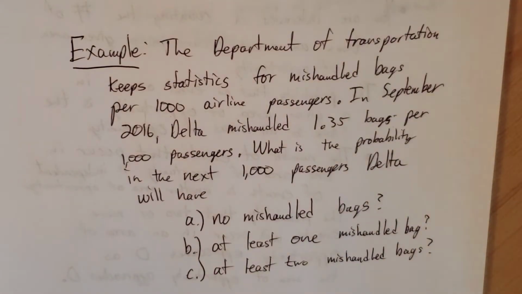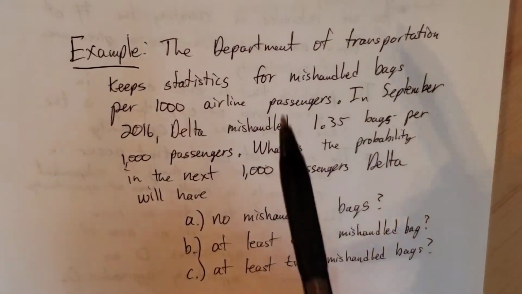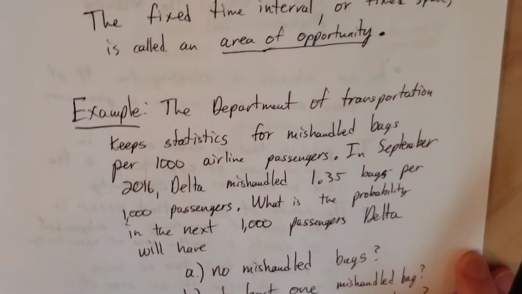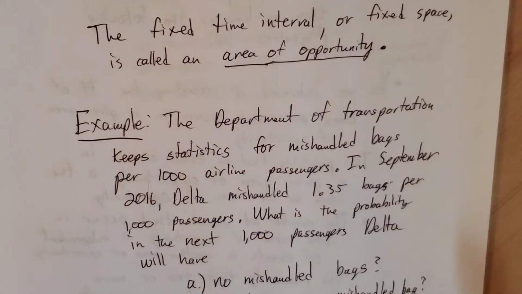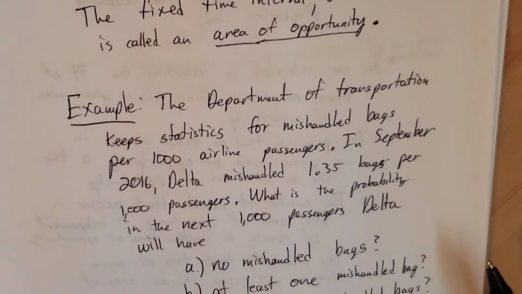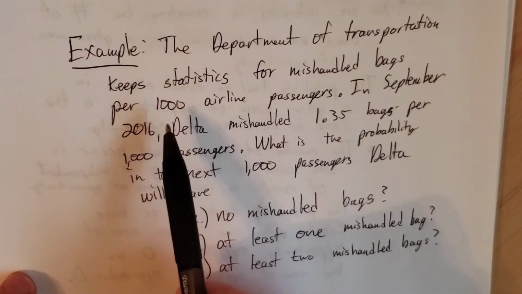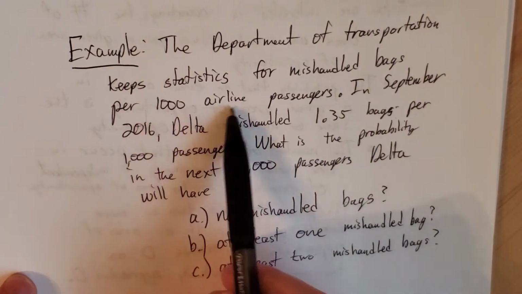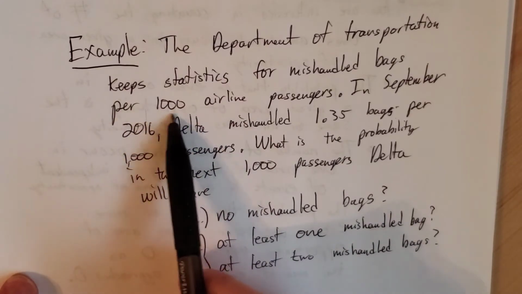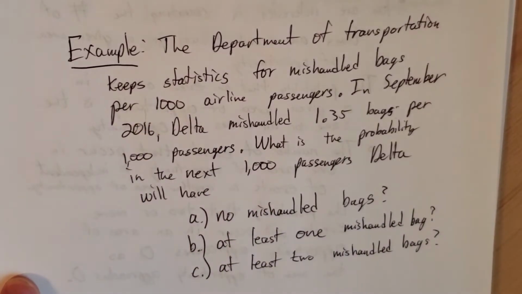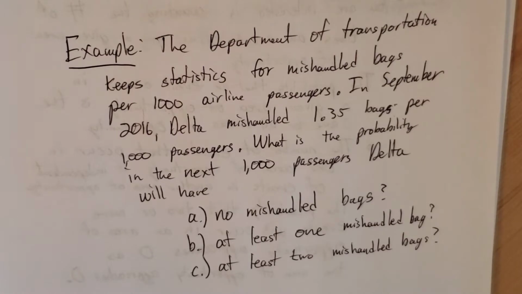Before we talk more about a Poisson distribution and try to answer this, let's first point out what our area of opportunity is here. That's our interval, and our interval in this particular example is per 1,000 airline passengers. So our area of opportunity is 1,000 airline passengers.